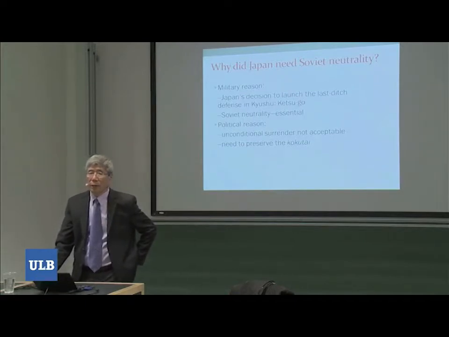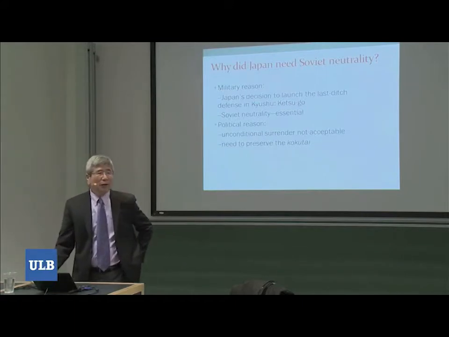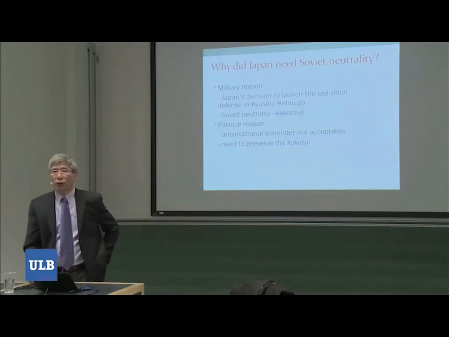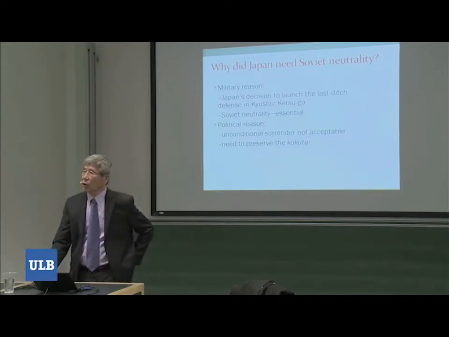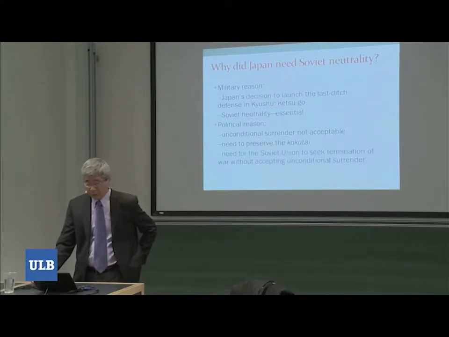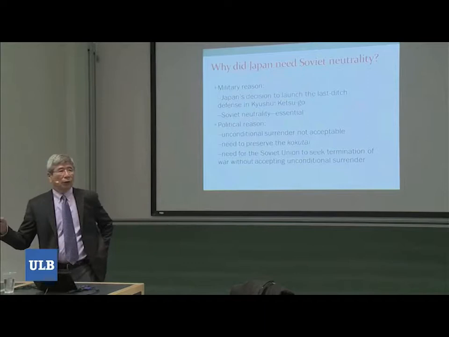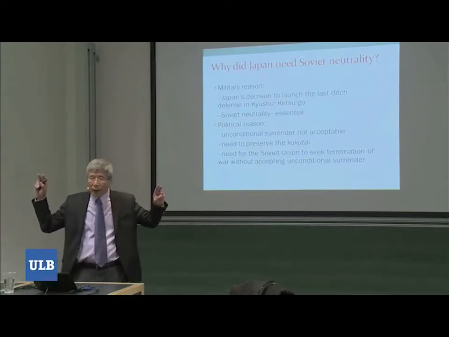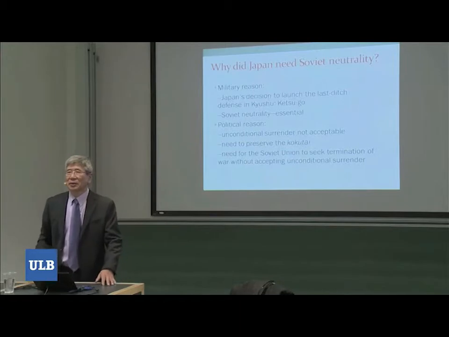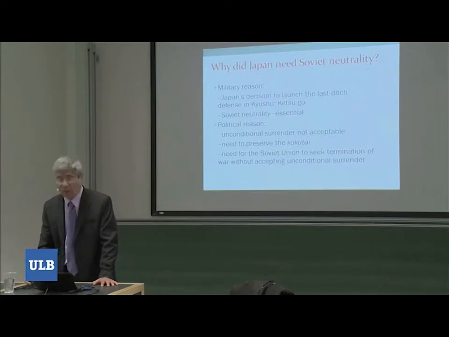They decided, probably in retrospect very foolishly, to approach Moscow to terminate the war. This is the background. They thought that through the Soviet Union they might be able to negotiate to preserve the kokutai, the system, the concept that they thought the most important.